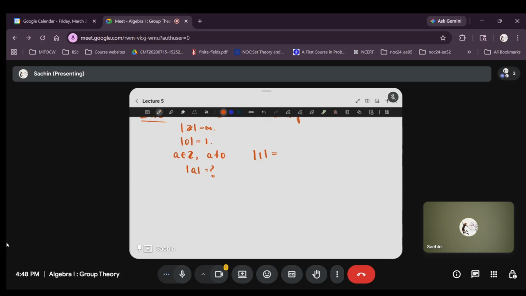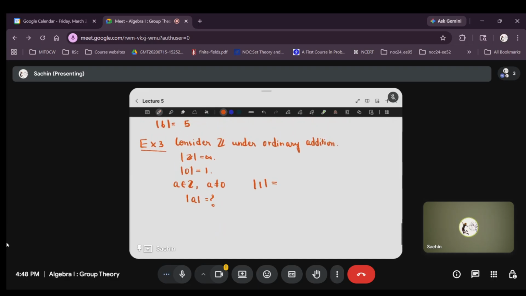Yes, normal integer addition. So there is no positive integer n such that n times 1 is 0. So for any integer, if you keep adding it, you will never get 0. So the order will be infinite.